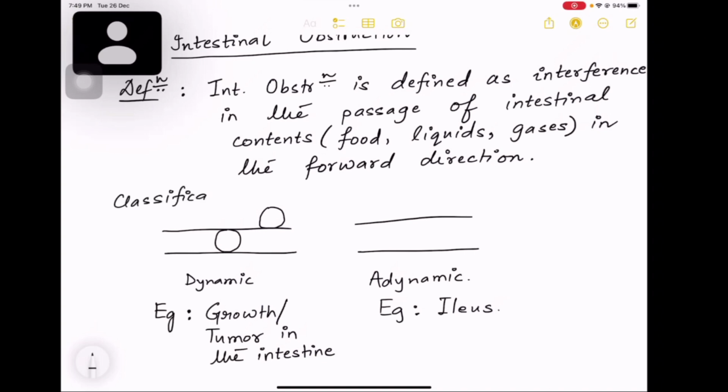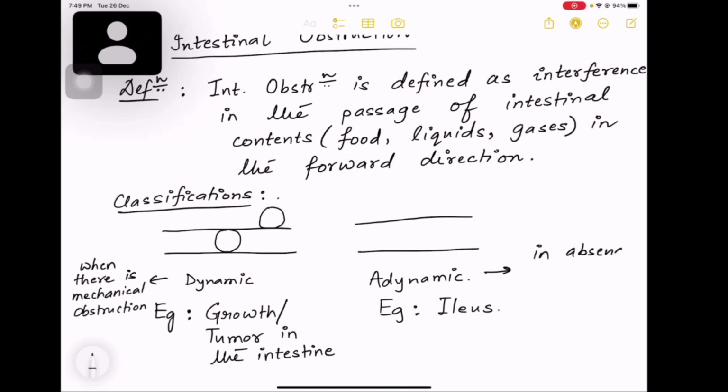Now, we move on to the classification of intestinal obstruction. One is based on whether there is any mechanical obstruction or not. If there is a mechanical obstruction or a tumor that comes in the intestine and that is the cause of the obstruction, we call it mechanical intestinal obstruction.